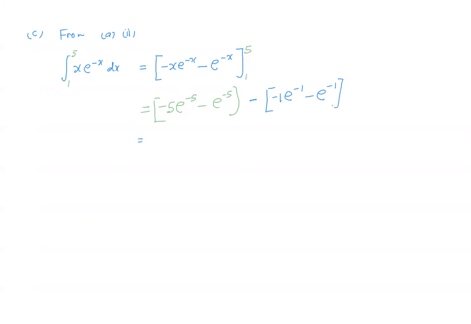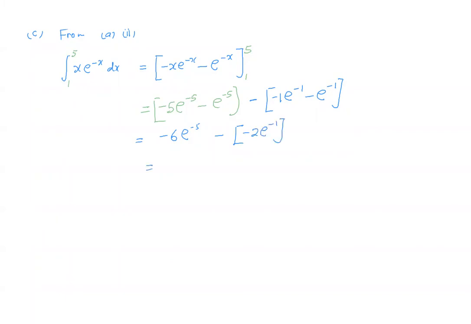Okay, 5e to the power negative 5, take away 1e to the power negative 5, I got negative 6e to the power negative 5. Take away 1e to the power negative 1, take away another e to the power negative 1, I got negative 2e to the power negative 1.